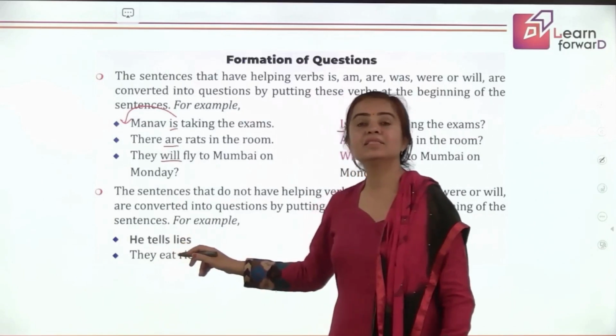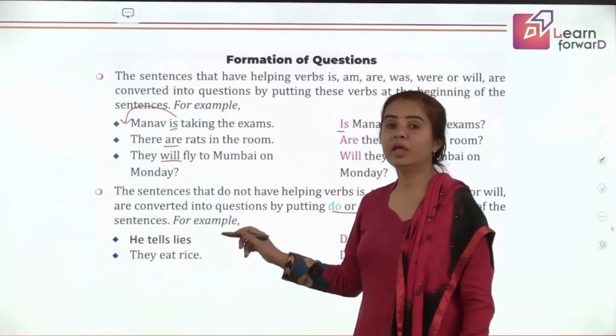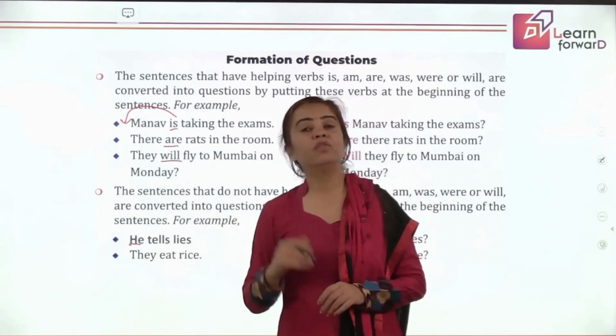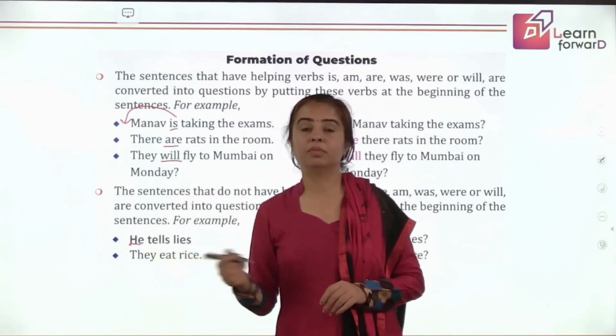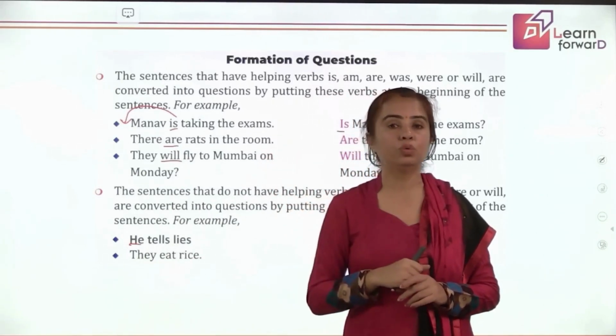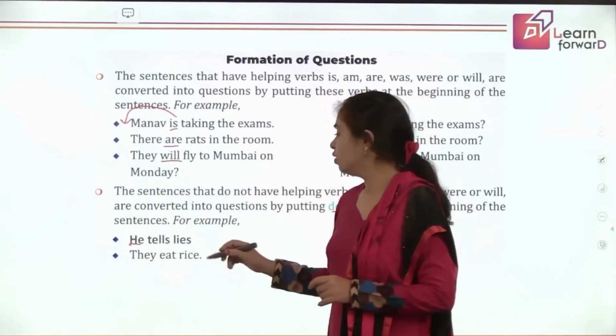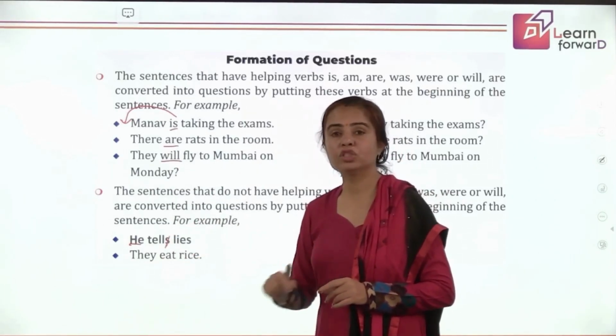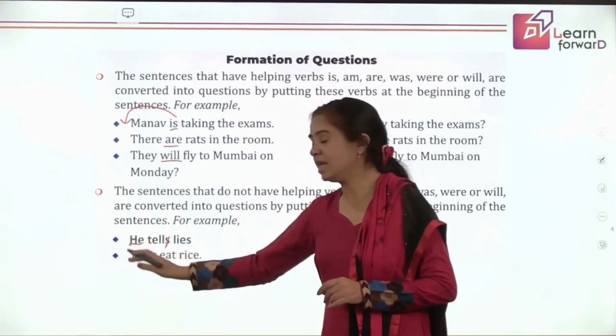He tells lies. Now here, because he is singular, we will introduce does. But remember students, because we are already using S or ES with the verb, with the helping verb does, we will remove the S from here. So what will be our question? Does he tell lies?